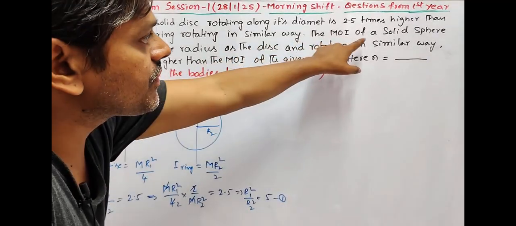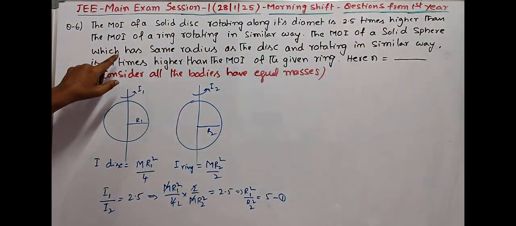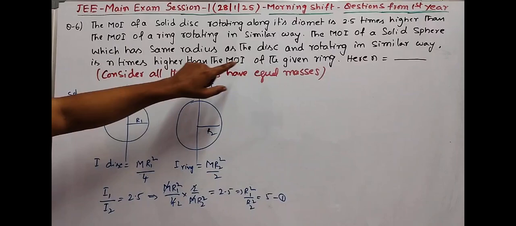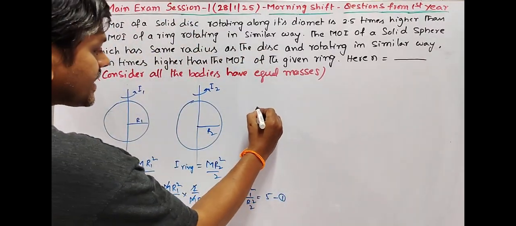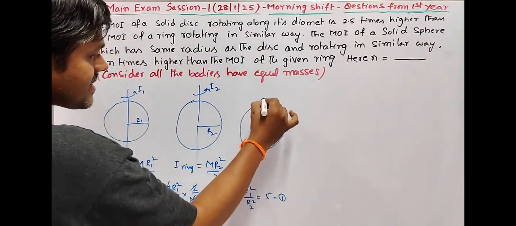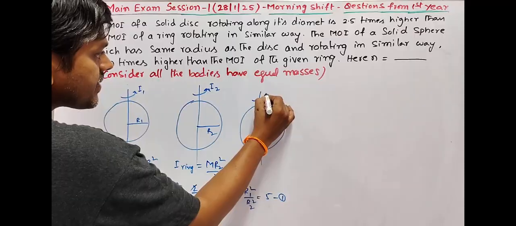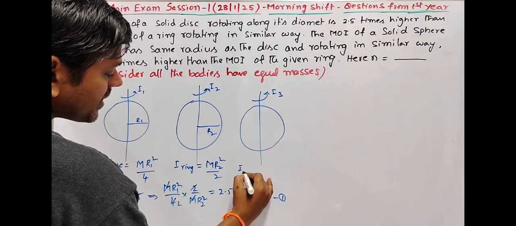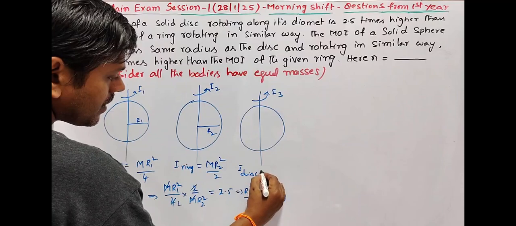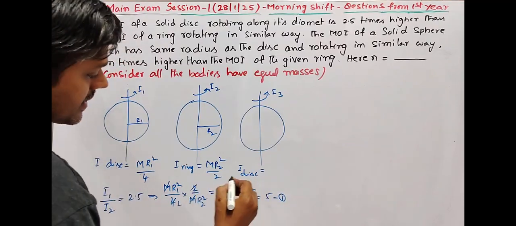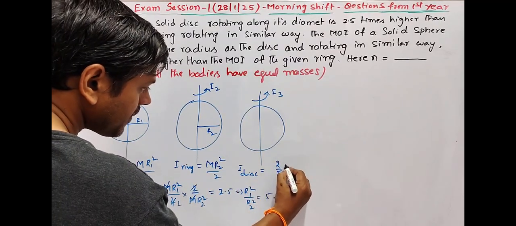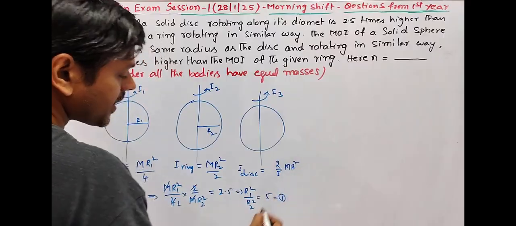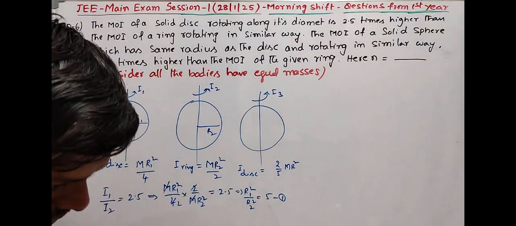Okay, next, the moment of inertia of a solid sphere which has the same radius as the disk. This is the disk. It also rotates in a similar way. Its moment of inertia is I3. So what is the moment of inertia of a solid sphere? 2 by 5 M r square.